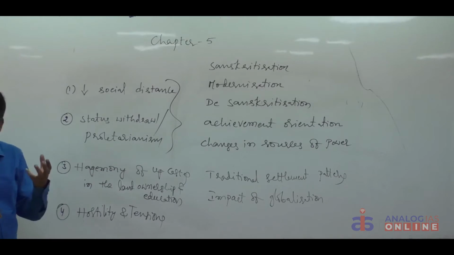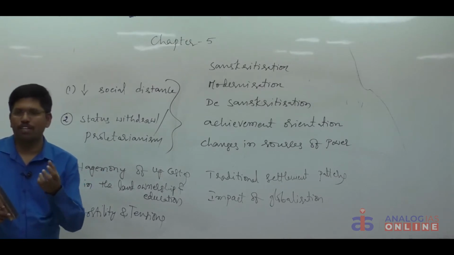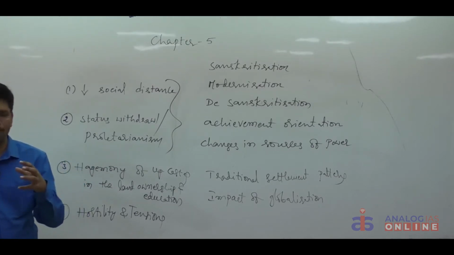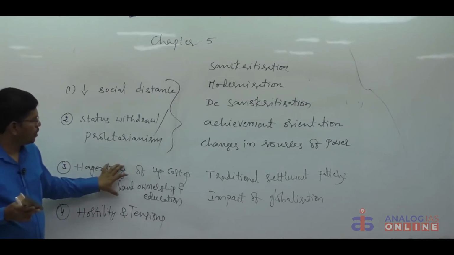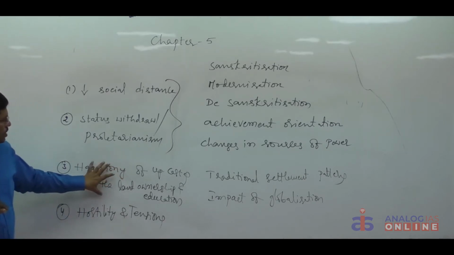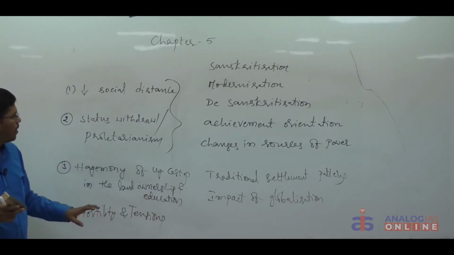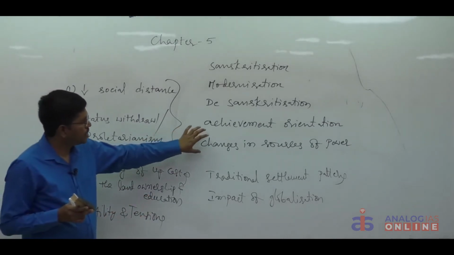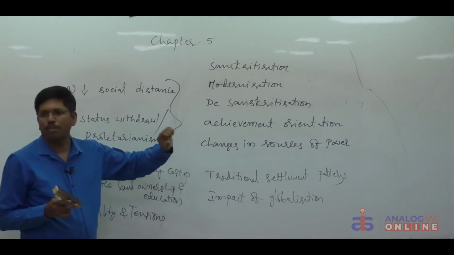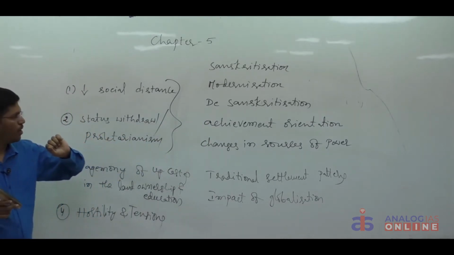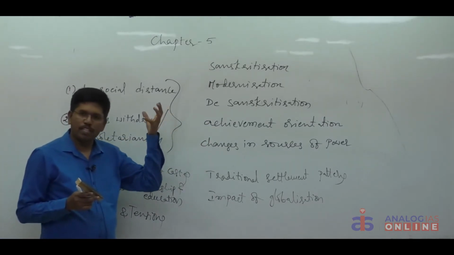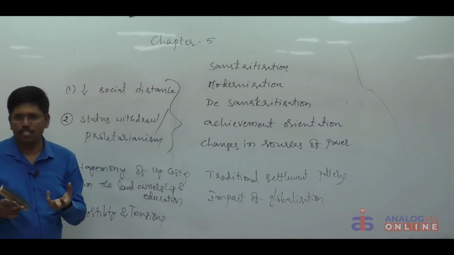Even with respect to higher education, we can come across hegemony of the upper caste. Hegemony means dominance. Even though there is hegemony of the upper caste with respect to land ownership and education, the sources of power have changed. Why? In the olden days, land ownership alone was the deciding factor.